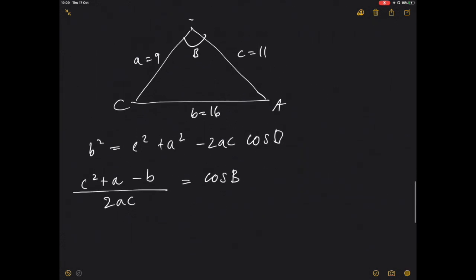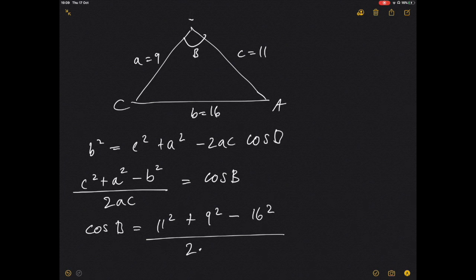We can then stick in all our numbers, and we would find that cos b equals c squared, which would be 11 squared, plus a squared, which would be 9 squared, minus b squared, which would be 16 squared, all over 2 times 9 times 11.